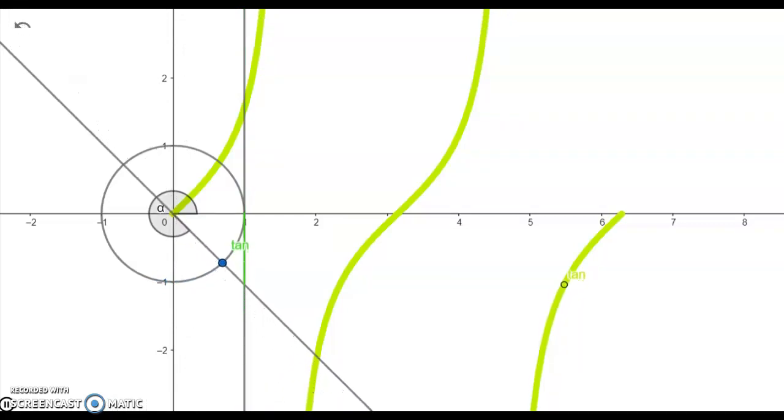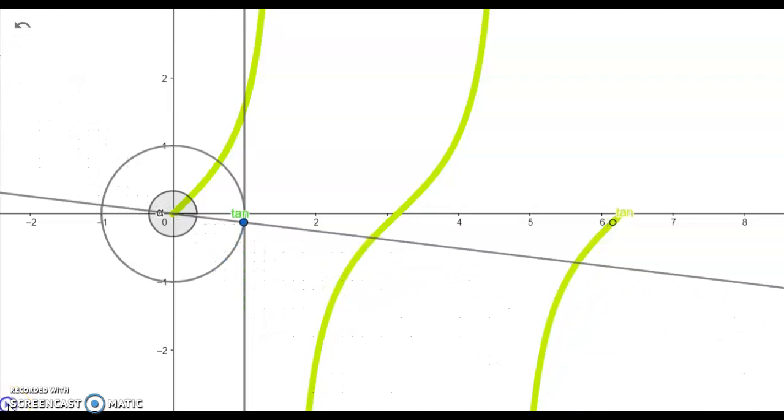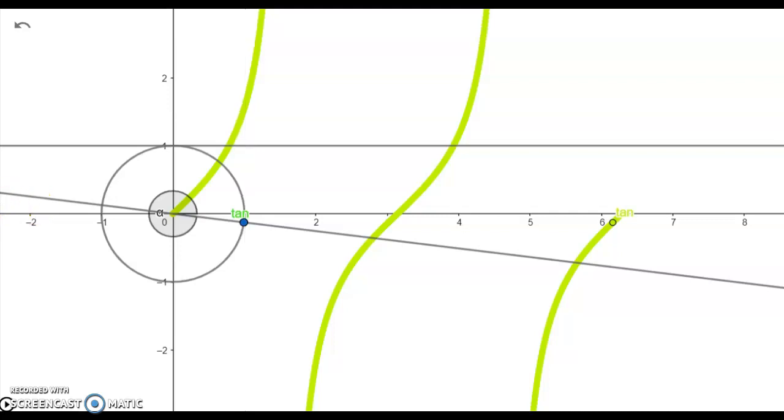All right, let's do the exact same thing. I'm going to pause this, and I'm going to keep tangent up, but what I am going to do is add a cotangent line. Let's get rid of tangent for right now, and let's play cotangent, which is going to be the exact same thing.